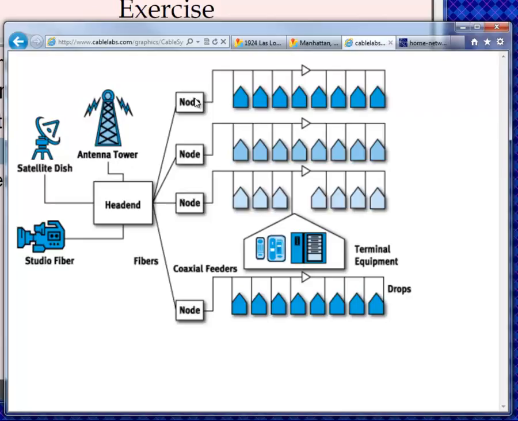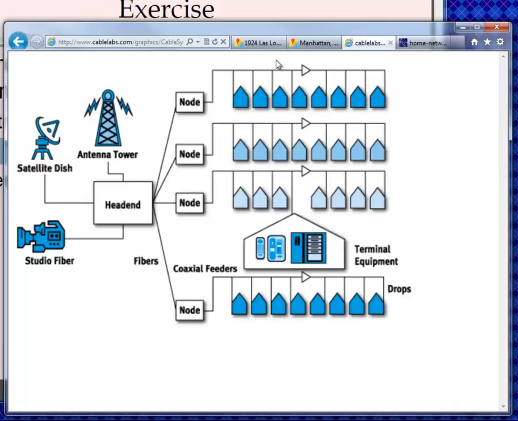From those nodes you have a coaxial cable TV wire, if you like, running basically throughout the neighborhood, and each house connects directly to that wire. So what do you have here? Well, you've actually got an interesting combination of bus and star topology.